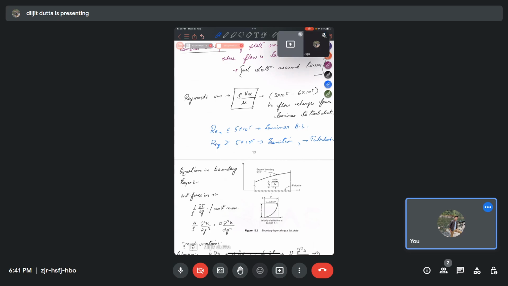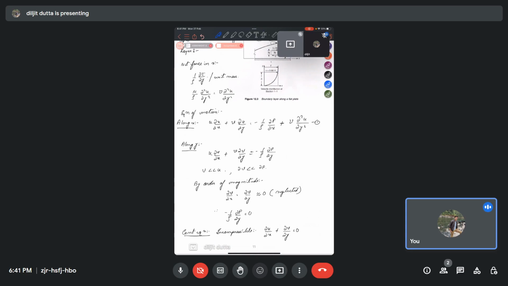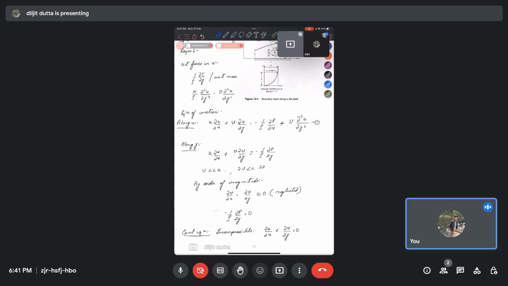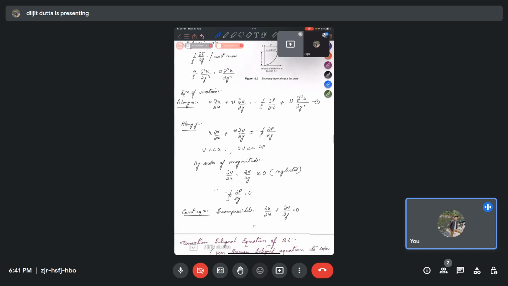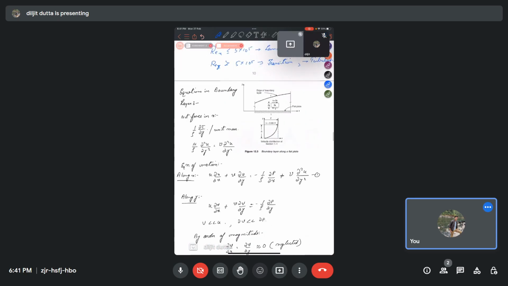Okay, so now let us see through the equations of a boundary layer. What are the equations that are valid in a boundary layer? The first thing is we are considering the flow to be incompressible.